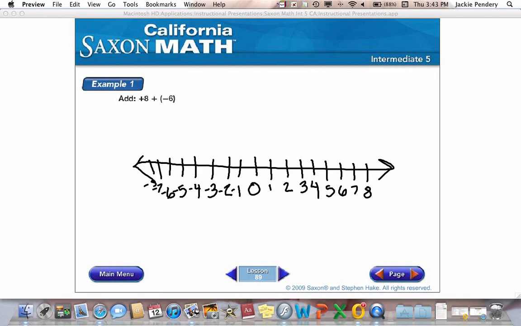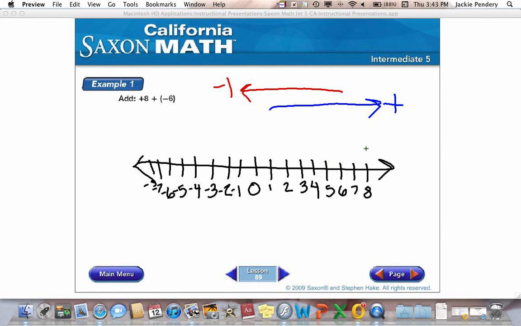Okay, so on a number line, whenever I go to the right, I'm moving in a positive direction. Whenever I move to the left, I'm moving in a negative direction. So if we look at this problem, we have positive 8.